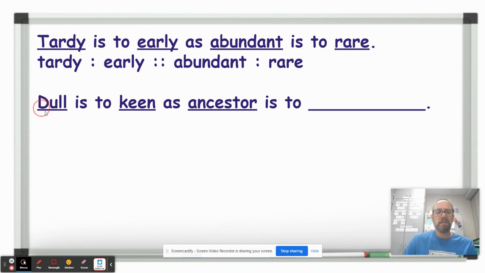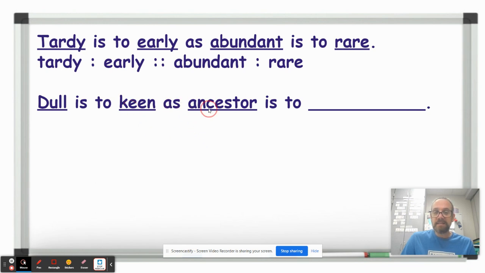So, dull means either that you're not very bright or that you are not sharp. So, a knife can be dull, a person could be dull. Keen is the opposite. They'd be considered sharp, clever. They're very on it. So, not sharp to sharp. So these are antonyms.